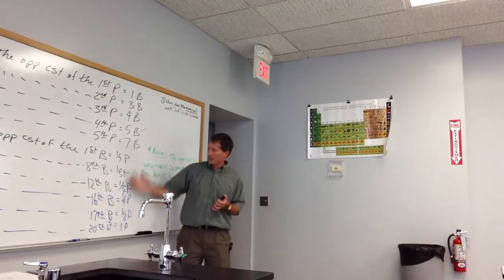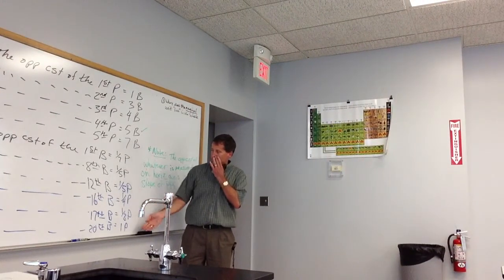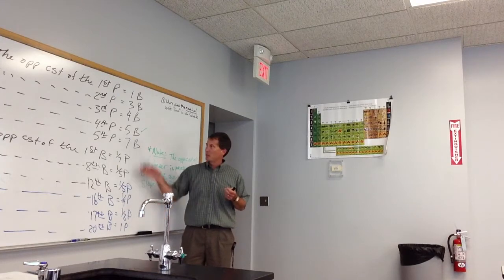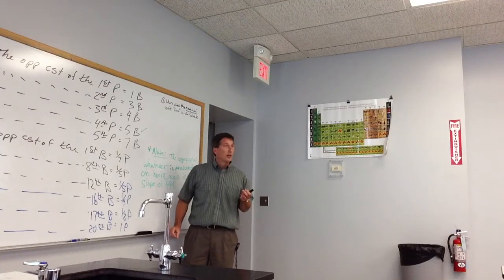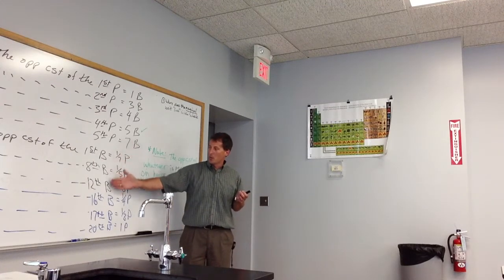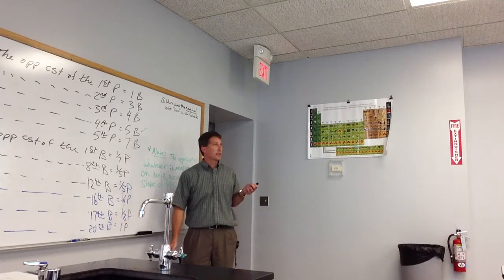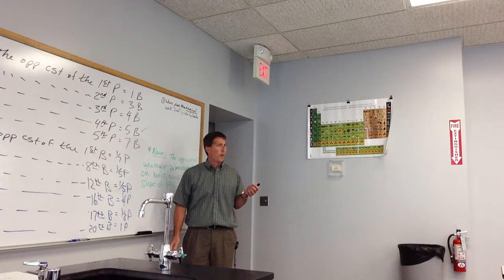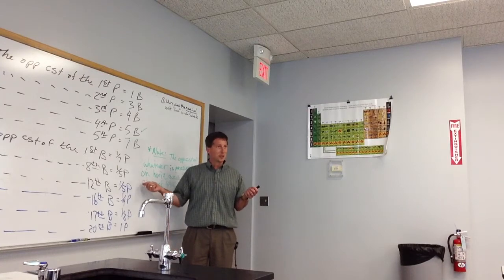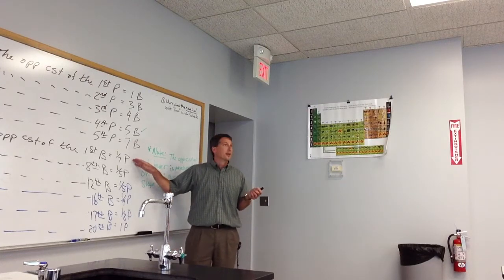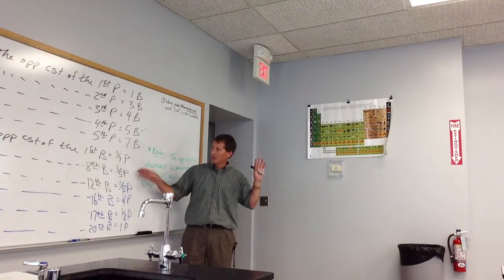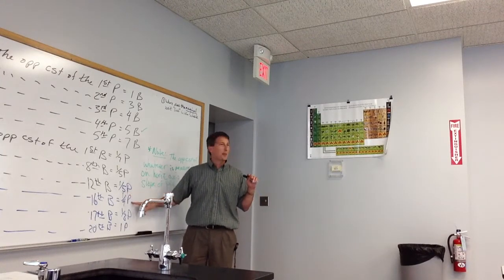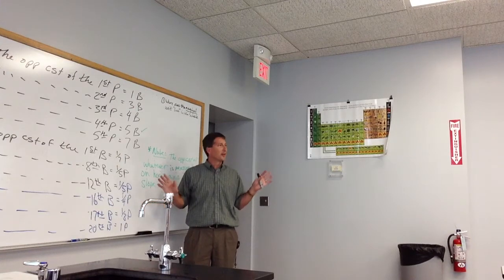Now, this isn't working though, right? These numbers are getting smaller with these fractions, aren't they? Or is this working when we flip to the other good? Is it the opposite result, or as we acquire more and more beer, is it getting more costly or less costly? More. Don't let these fractions fool you. Get out your calculator if you need to. I will tell you the truth, when I took some exams, I would take 1 divided by 4, and you just don't know if you're under a fraction.